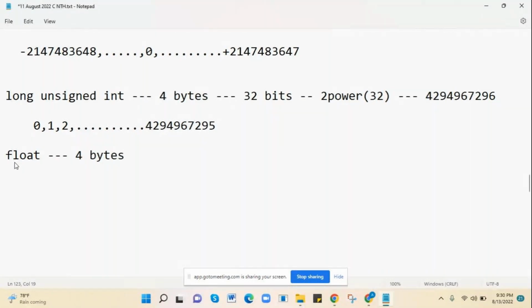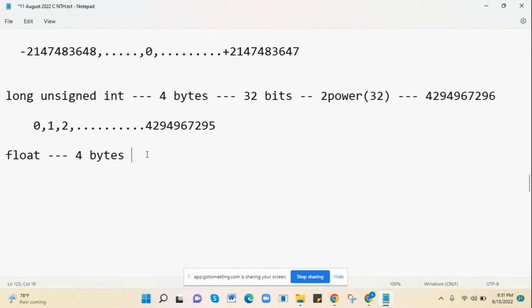What is the maximum size of float data type? 4 bytes. What is the int data type? 2 bytes. What is the character? Char is 1 byte. Char occupies 1 byte, int occupies 2 bytes, whereas float occupies 4 bytes.